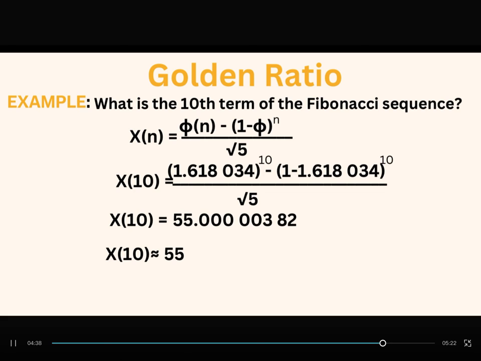If we compute that, multiply by 10 and divide by root 5, we get 55.0000382. And if we round that off, we get x sub n equals 55.